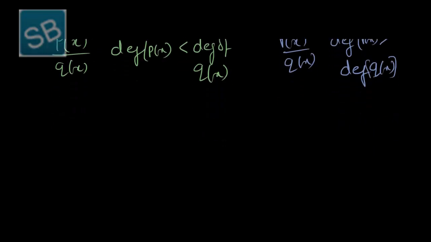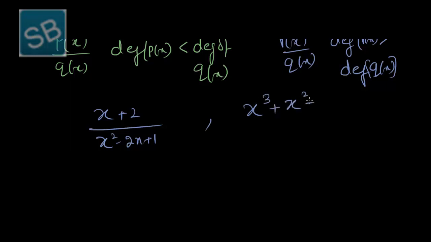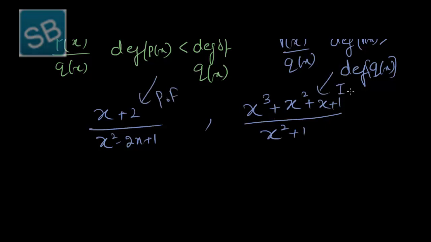So if we see, we have x plus 2 over x square minus 2x plus 1, and we have x cube plus x square plus x plus 1 over x square plus 1, then this is a proper fraction and this is an improper fraction.